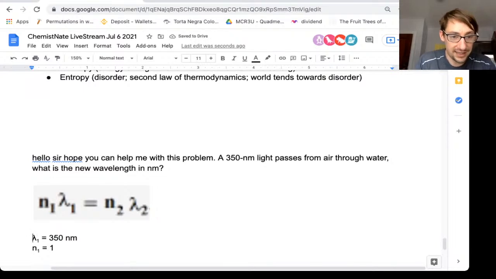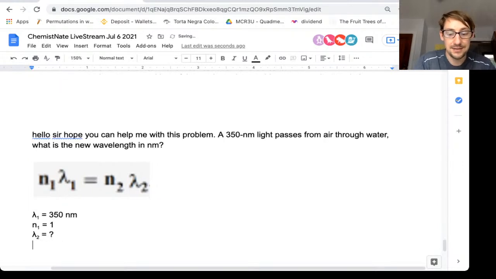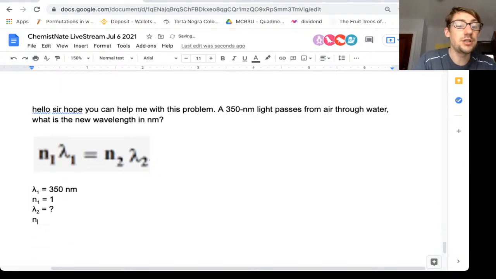If you have a more accurate number for the refractive index in air, use that. You don't know what the second lambda is, but you do know the second refractive index because it says it's going through water. I believe water has a refractive index of about 1.33.